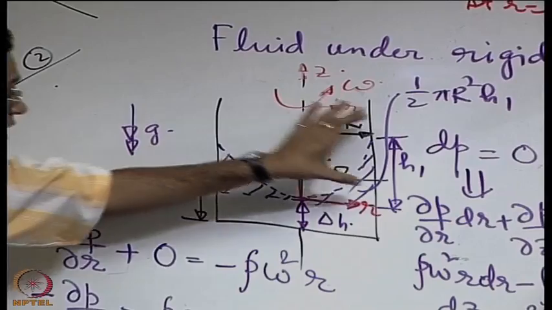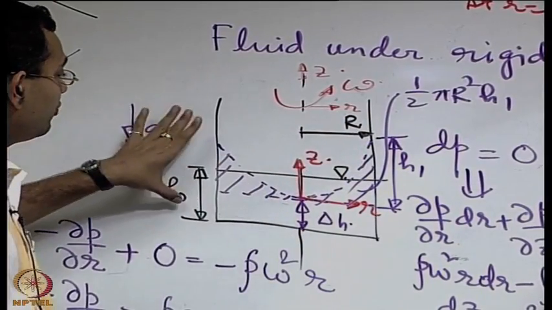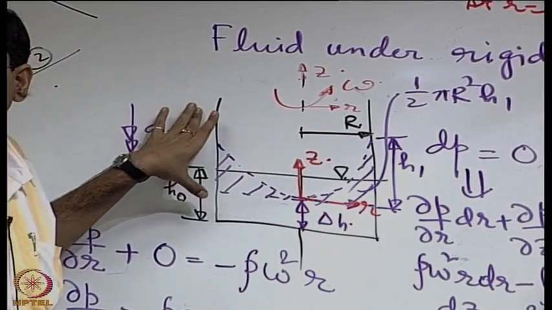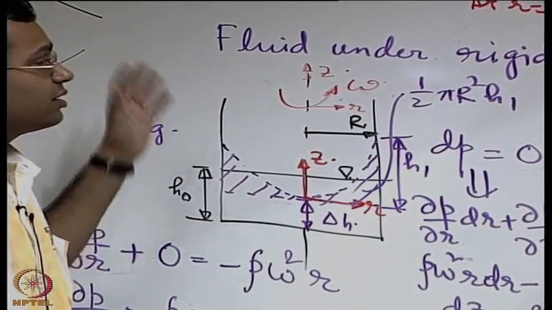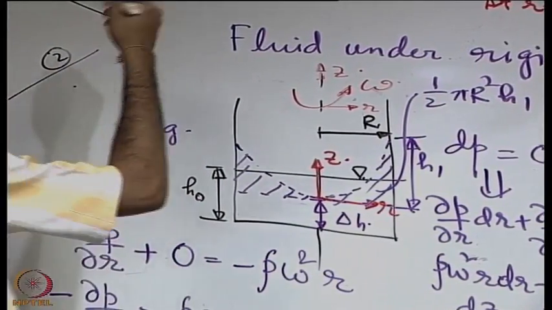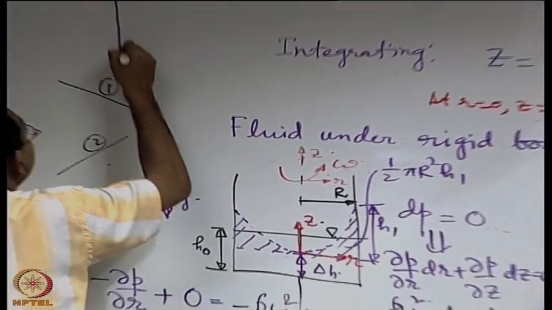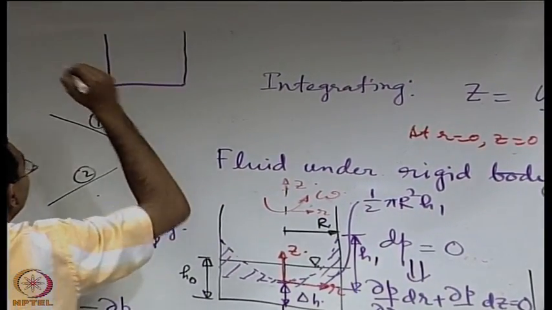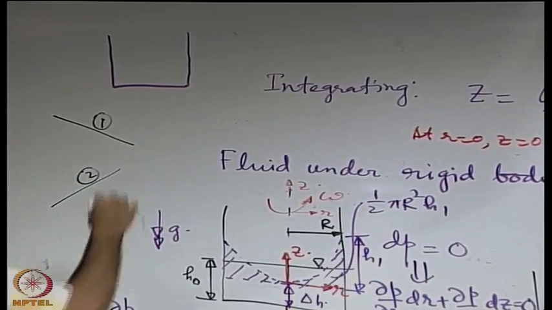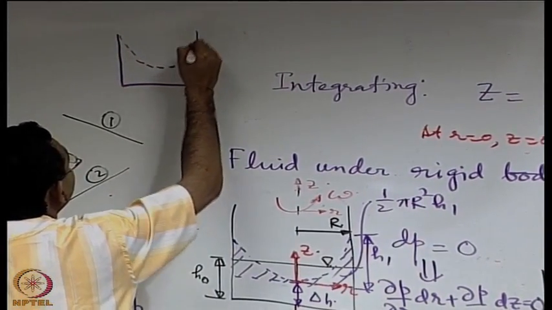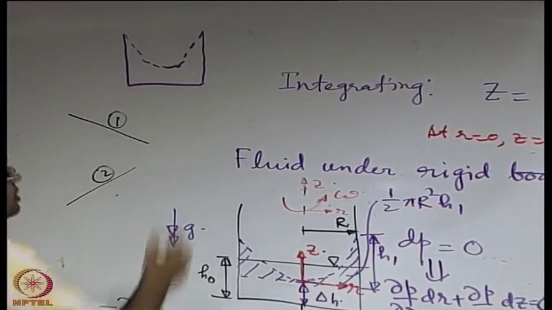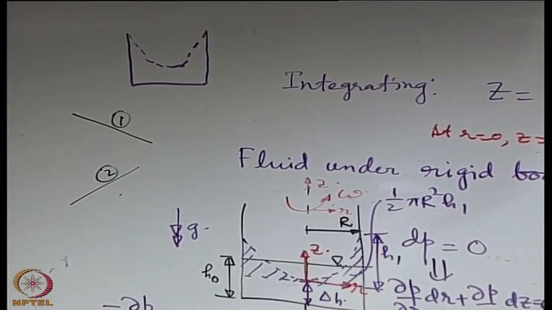Again you may have to check that h1 plus delta h, if it becomes greater than the height of the original tank, then it will spill, and spilling again may have two different cases. You may have in one case the cylinder rotating in such a way that you have spilling, but still it is having an interface shape like this.